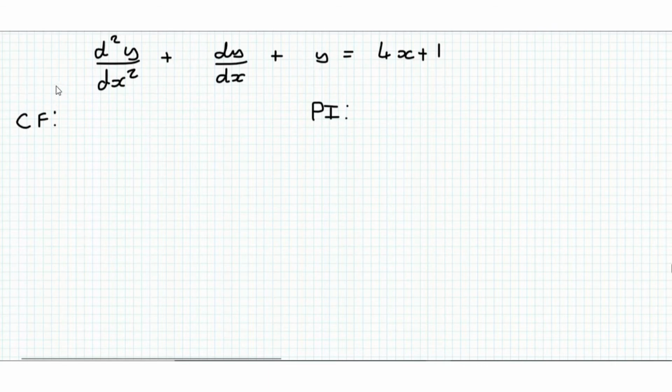Looking at something we've done before, we're going to take minus 6 dy by dx and then plus 9y. Okay, so we've solved this before.